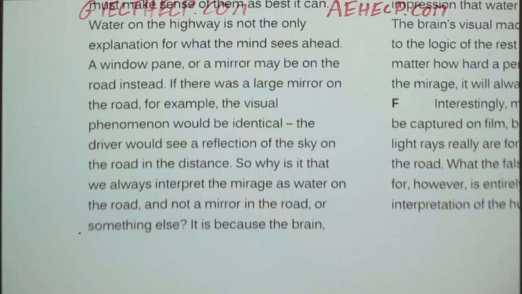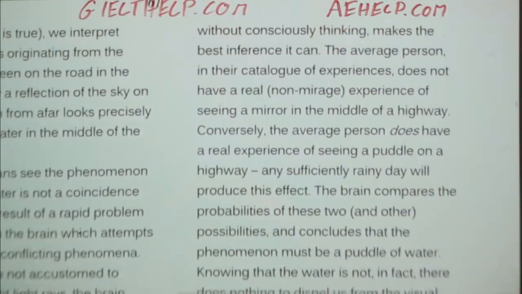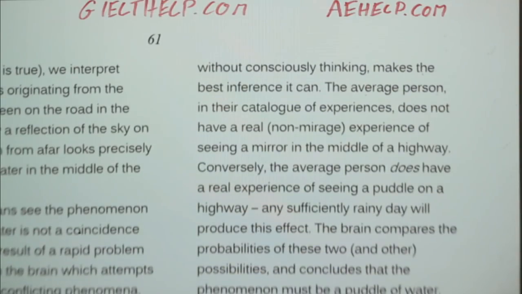So why is it that we always interpret the mirage as a water on the road and not a mirror in the road or something else? It is because the brain, without consciously thinking, makes the best inference it can. The average person in their catalog of experiences does not have a real non-mirage experience of seeing a mirror in the middle of a highway.